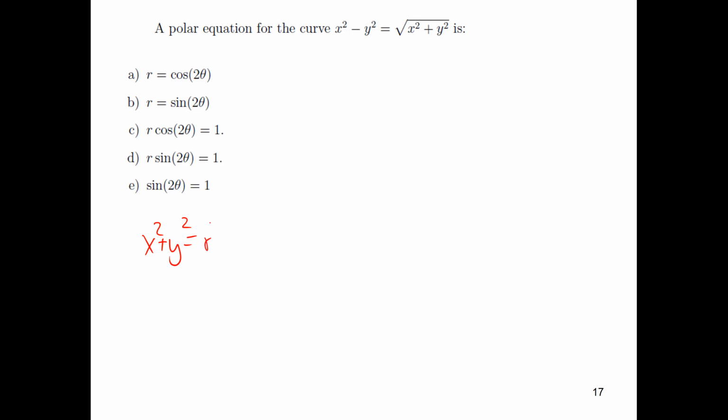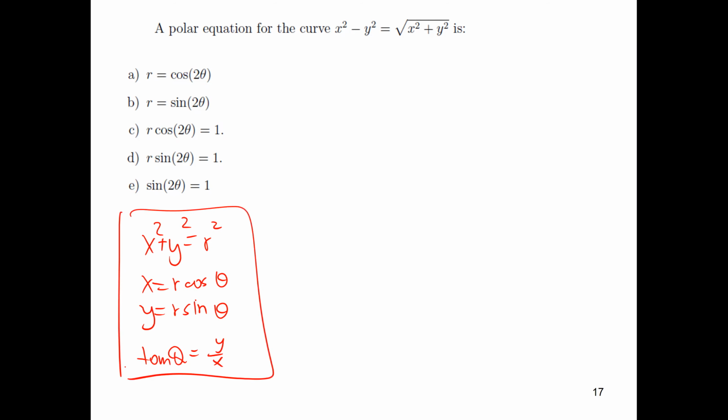X squared plus y squared is r squared. X is r cosine theta, y is r sine theta, and tangent theta is y over x. Okay, that's what I have. I have x squared minus y squared. I can possibly say that x is r cosine theta and y is r sine theta, squared.